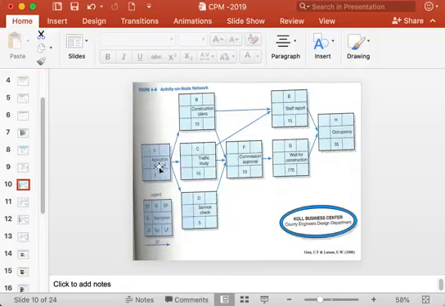That is what is being done here. You can see all these cells are kept empty. Only the identification number of each activity, description, durations are written in the respective cells. Please remember. Okay.